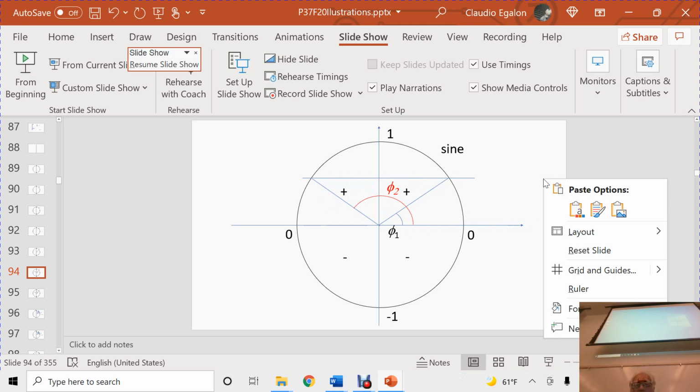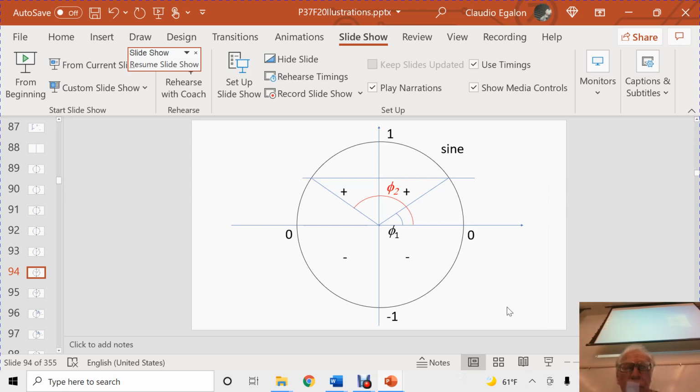Why does it happen? Because of the symmetry of the trigonometric circle. Now let's investigate this trigonometric circle. So this phi 2 is different from phi 1. However, the complement of phi 2 is equal to phi 1.